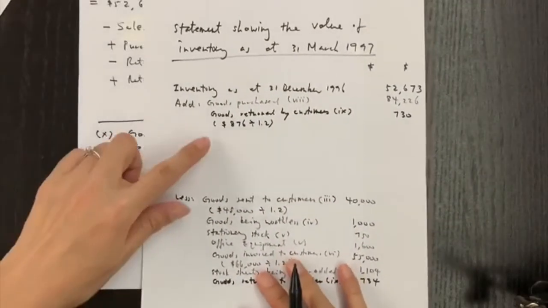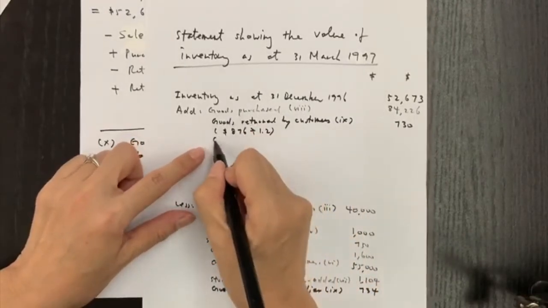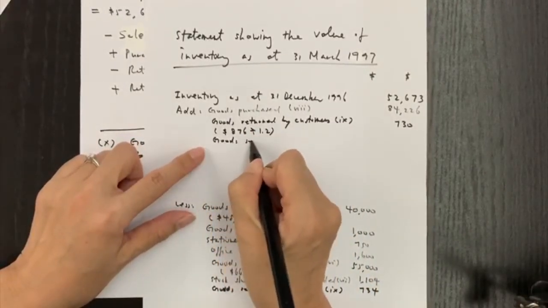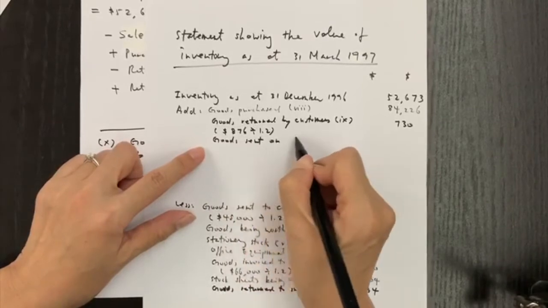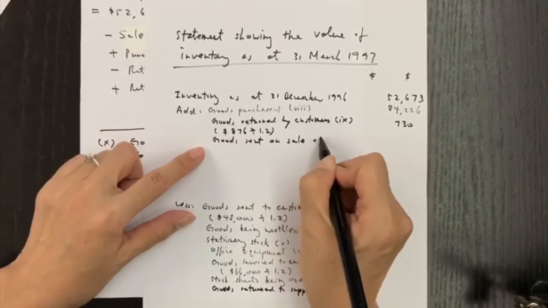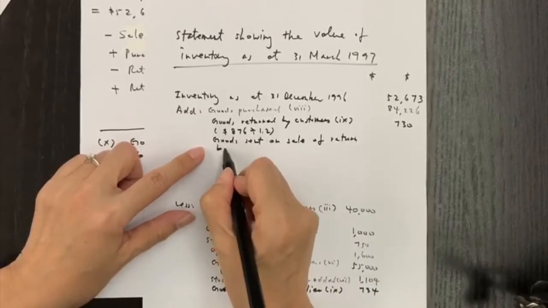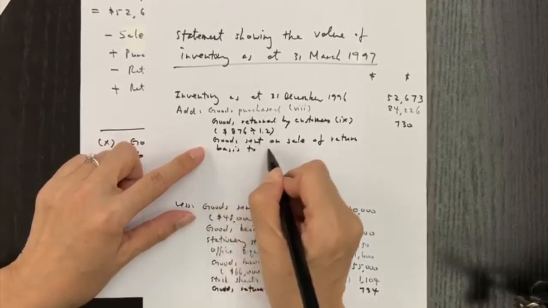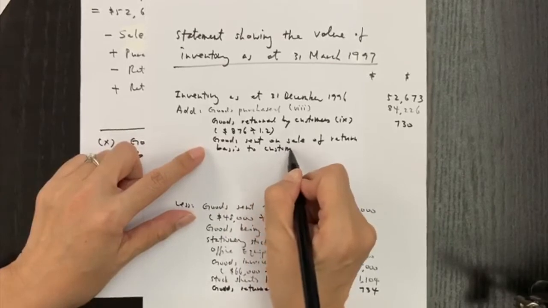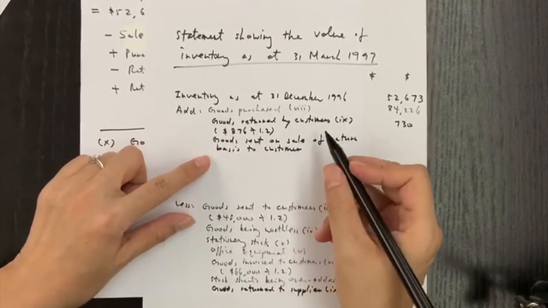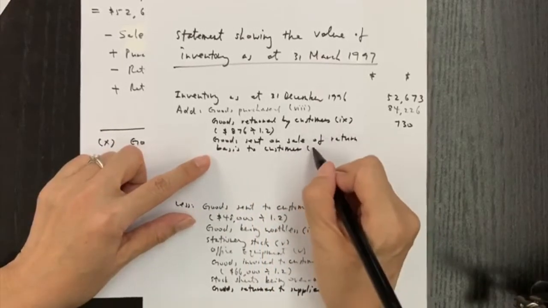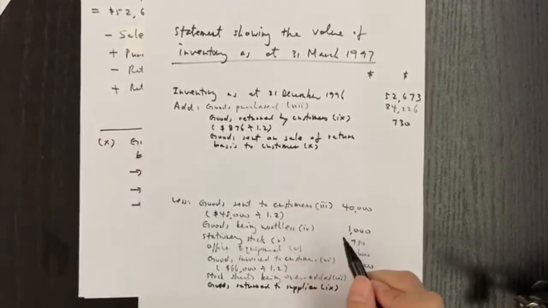So I have to add back the goods sent on sale or return basis to customer. Okay, and this is point 10, and how much is that?